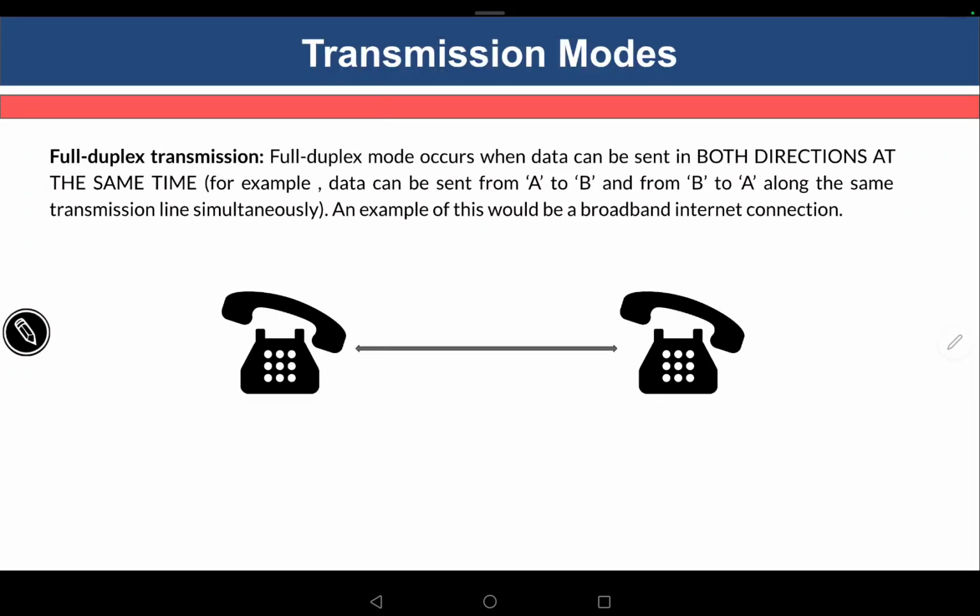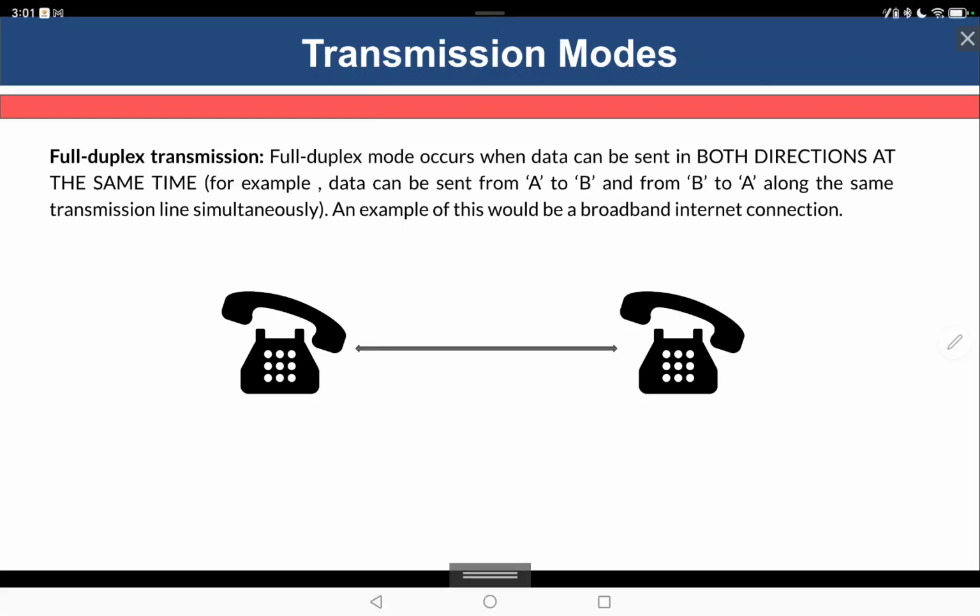Now, let's look at full duplex transmission. What does this mean? It means that data can be sent in both directions and at the same time. For example, we have two telephone devices, receiving and sending.